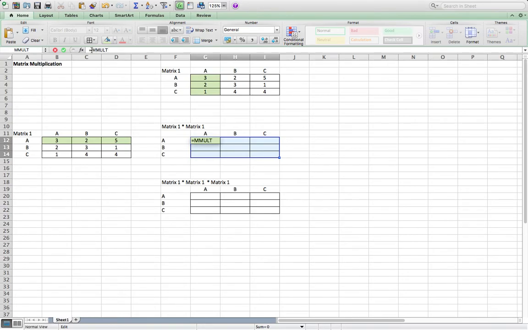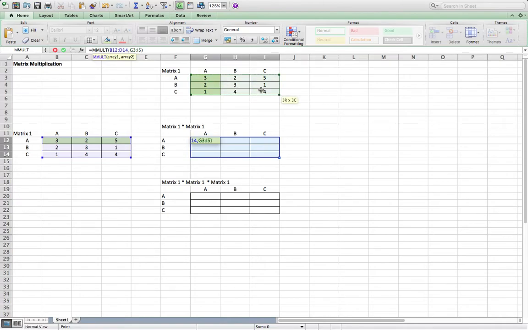And then I open the parentheses and I just identify the arrays, the two matrices that I want to multiply. So in this case, I'm going to the first matrix here and highlighting it. It's B12 down to D14. And then the second matrix, I'll highlight here.